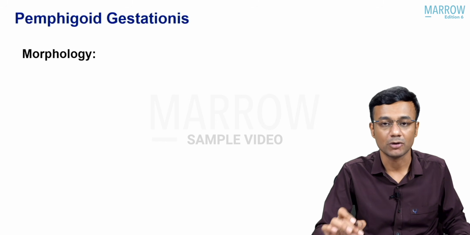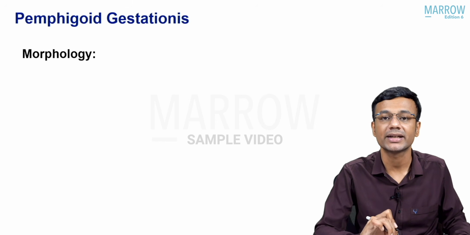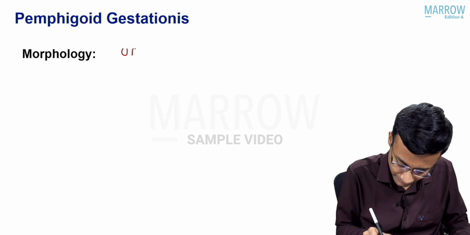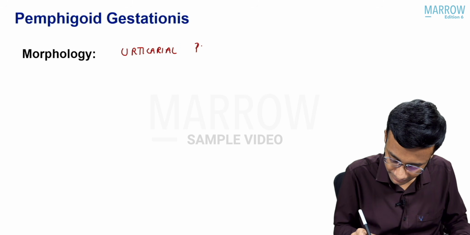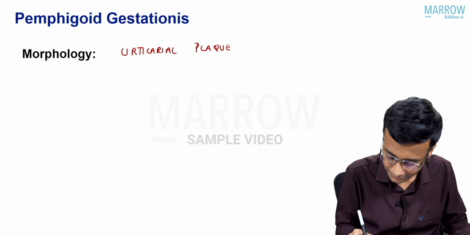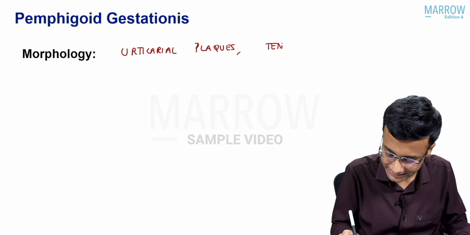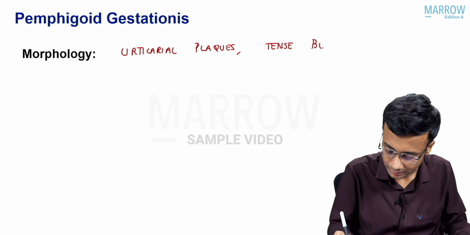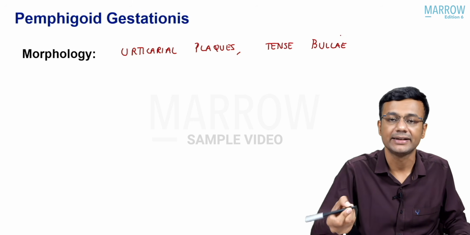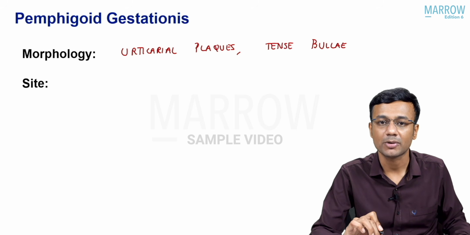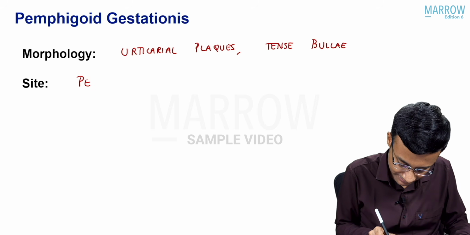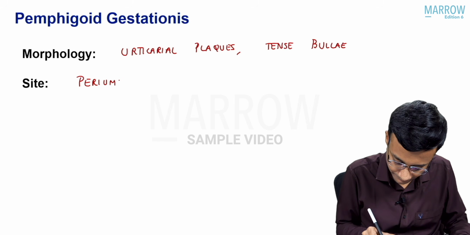Now let's see the morphology of the lesions. What kind of lesions do we get in pemphigoid gestationis? We get urticarial plaques and tense bullae. If we look at the distribution, the first important site where you get the lesions is periumbilical.